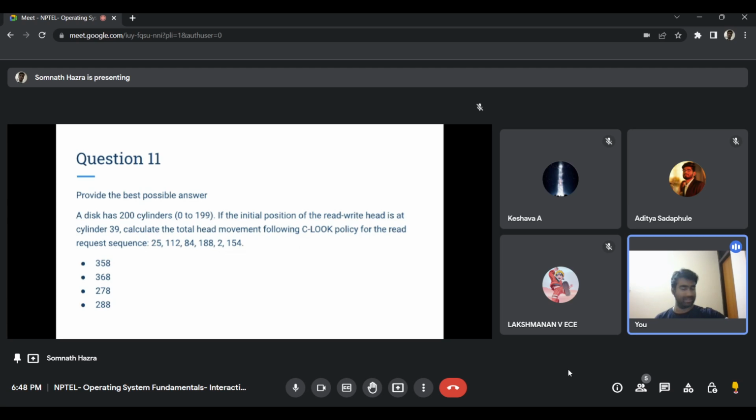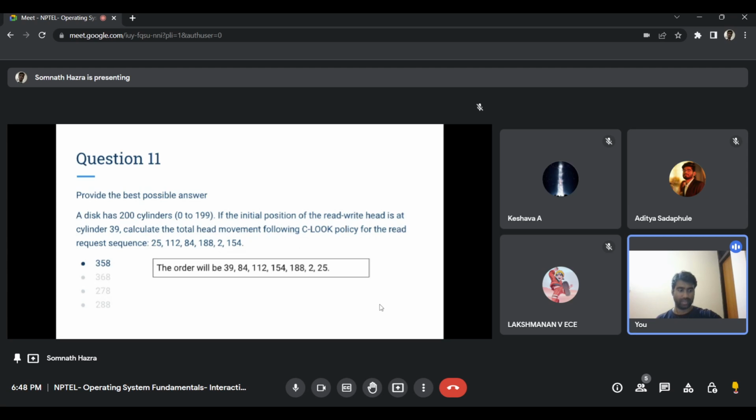Anyway, let's get to the answer now. So yeah, 358 is the answer. This is the order in which the cylinders will be accessed, and you can accordingly calculate the answer. Yeah, 358 is the answer.